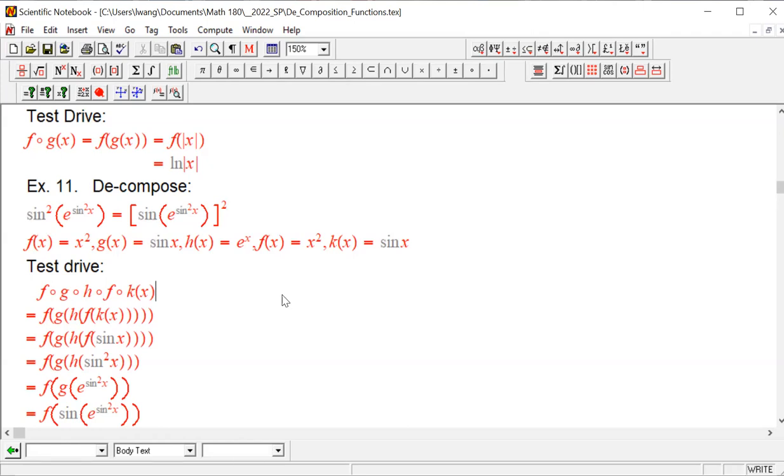So this will lay a very good foundation for your calculus class. One of the hard topics, the chain rule, is very much dependent on whether you know how to decompose. So if you have a head start now, you're going to earn more points in your calculus class.